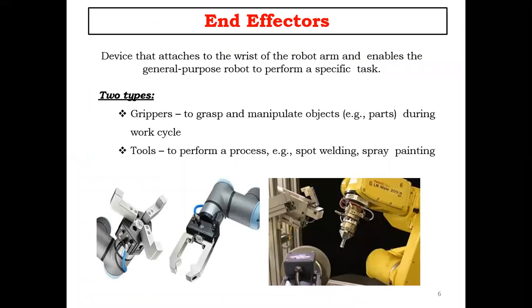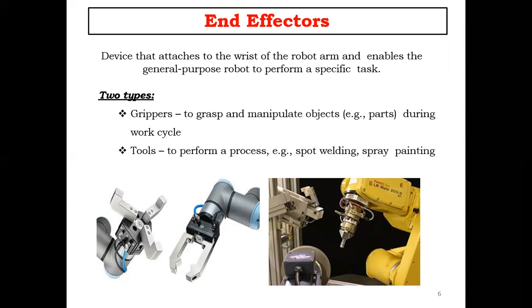So first, what is an end effector? It is the device that attaches to the wrist of the robot arm and enables the general purpose robot to perform a specific task. This is the definition of end effector. There are two types. One is gripper, another one is tools.